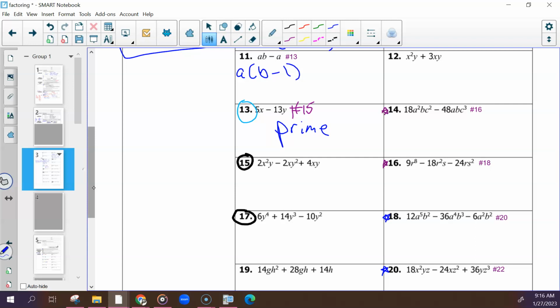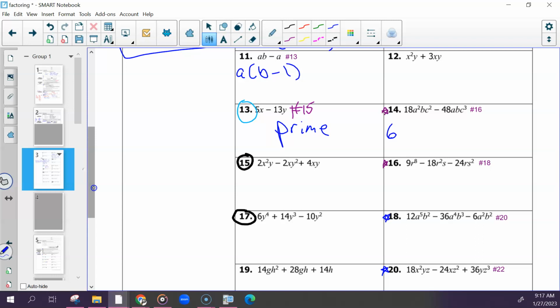If you need to list out your factors, you can do that. Oh, I didn't mean to do that parenthesis right there. Variables, can we take out any and how many of each?